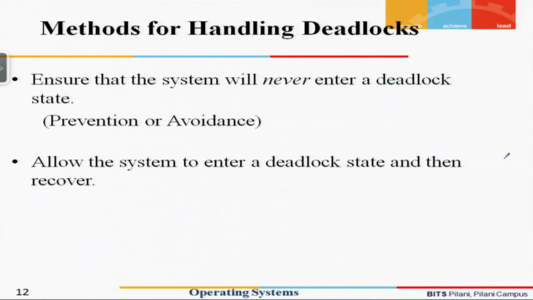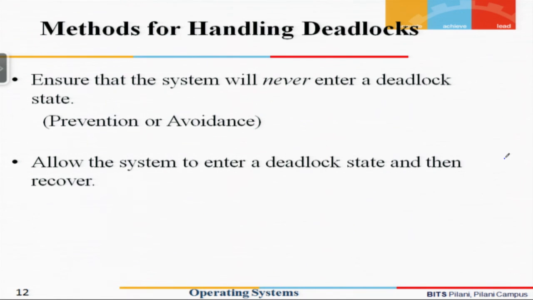We can very clearly see that when deadlock occurs in the system, the performance of the system would start degrading. Let's say that two processes, P1 and P2, are holding resources R1 and R2, and they get into a deadlock. Now they are not doing any useful work.